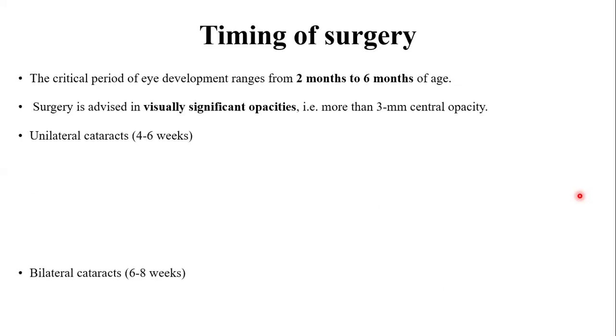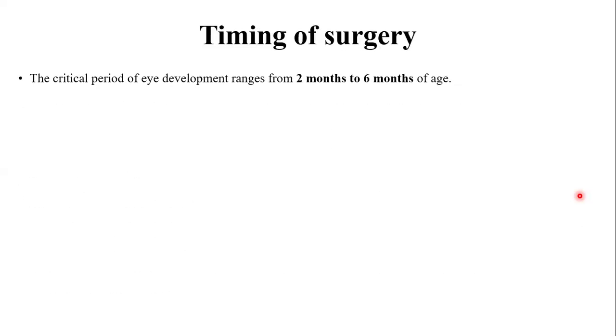Okay. So how to decide whether that child needs surgery or not? If the cataract is visually significant. Exactly. But how to know it is visually significant? It involves the visual axis, 3 millimeters.